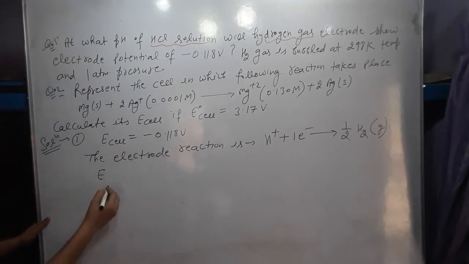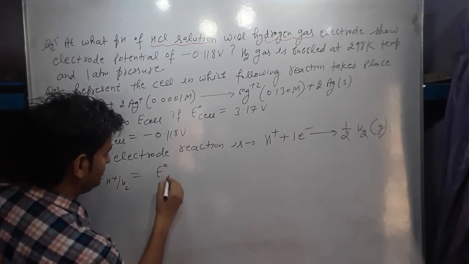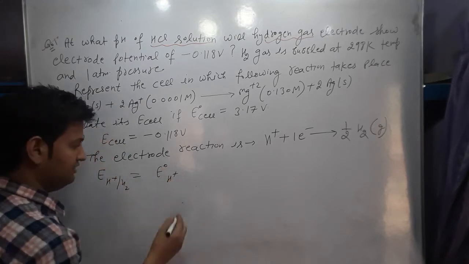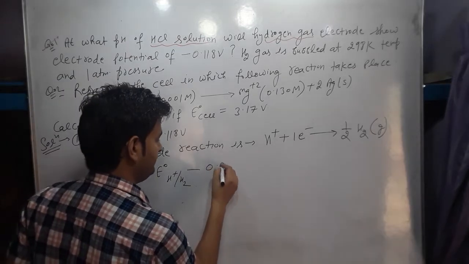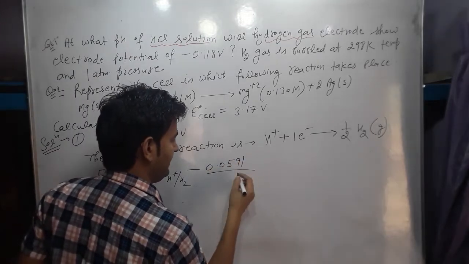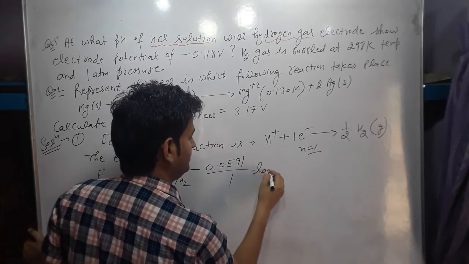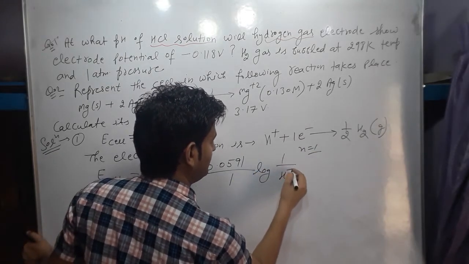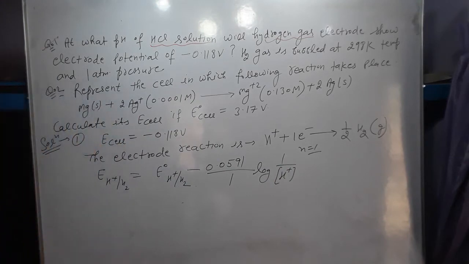The EMF for conversion of H plus into H2 will be equal to E naught, standard for H plus to H2, minus 0.0591 over n. The value of n here is 1, so it is 1, log of 1 over H plus concentration.